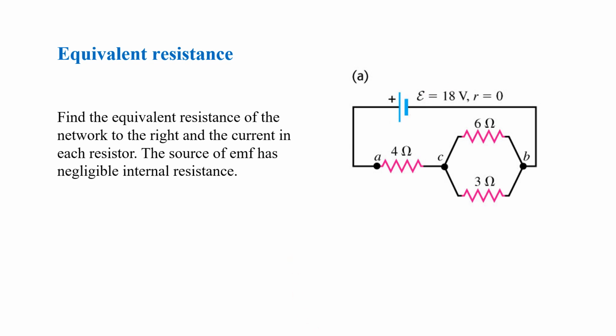For this problem, you are asked first for the equivalent resistance, R equivalent, and second for the current in each resistor: I for the 4 ohms, I for the 6 ohms, and I for the 3 ohms. Now let us solve the problem.